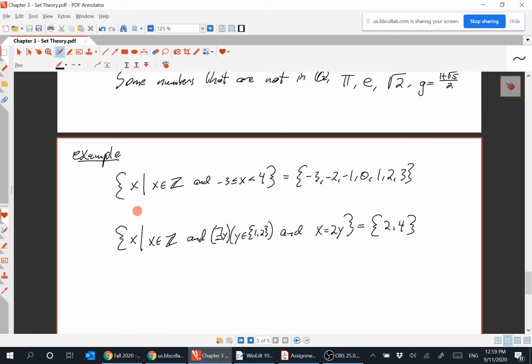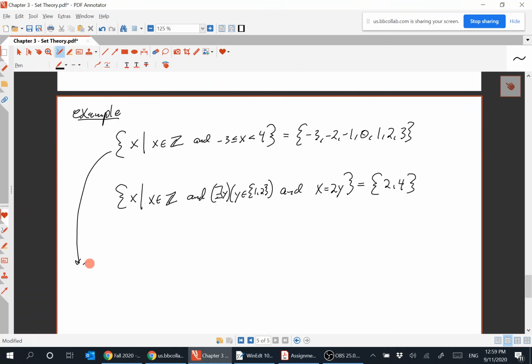Now, by the way, you could also write these as follows. You could write the set of all x in Z. This is actually a little more compact. The set of all x within the integers such that -3 is less than or equal to x is less than 4.